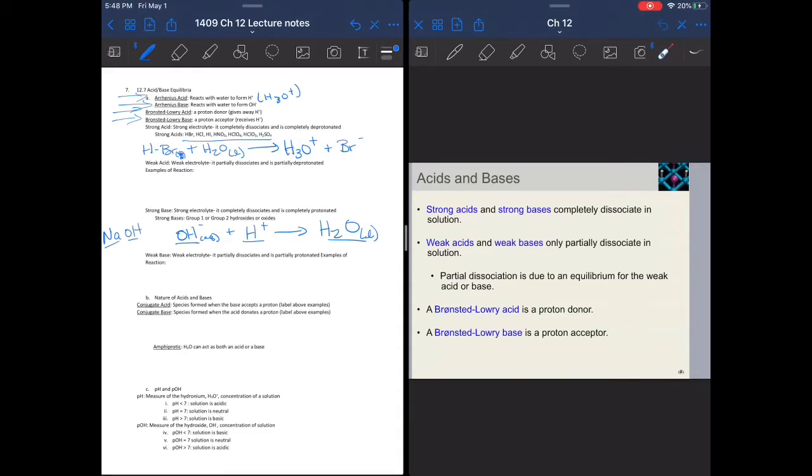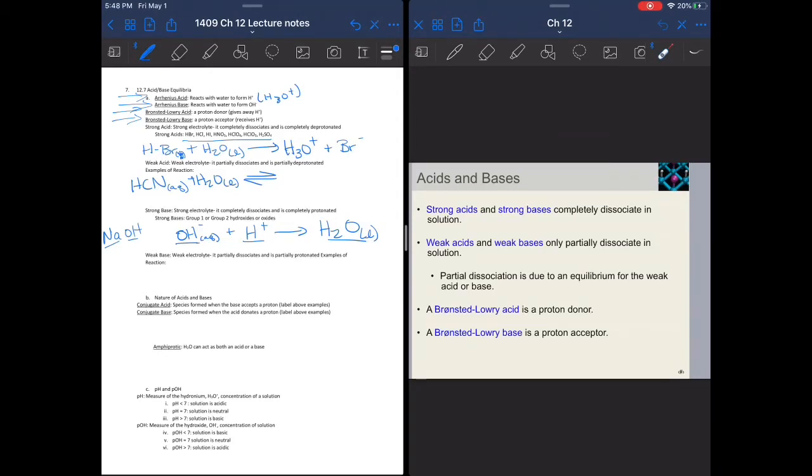Now for what's going to be more interesting from an equilibrium standpoint, weak acids and weak bases. So if we take a look at a weak acid, something like HCN. HCN in solution with water is going to partially react, and you're still going to have plenty of starting material.